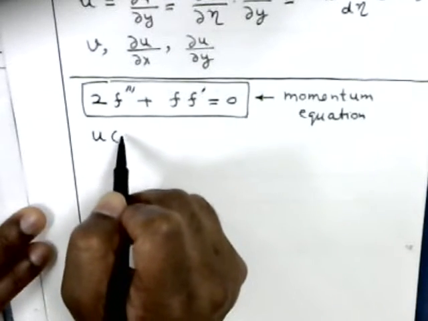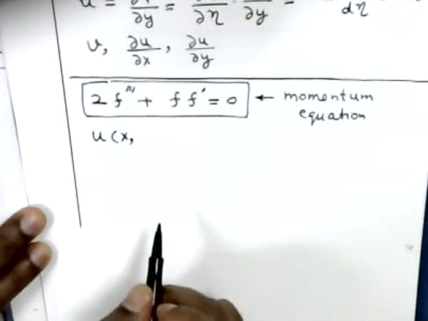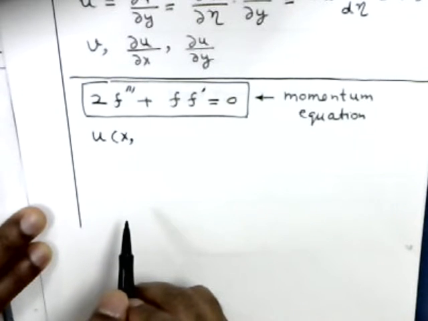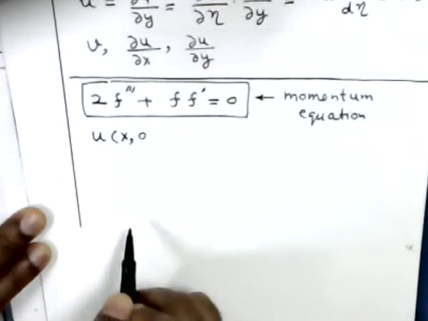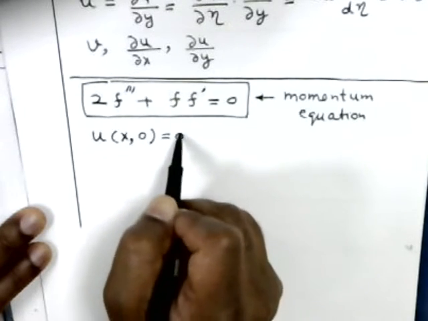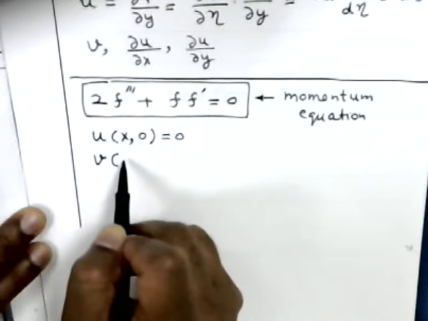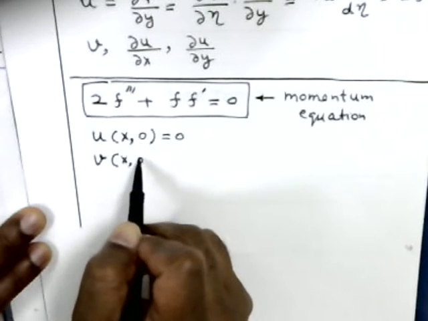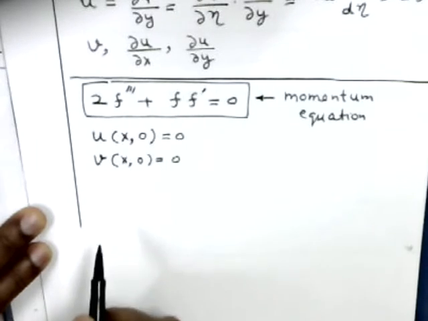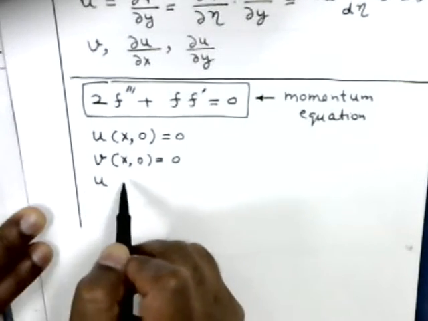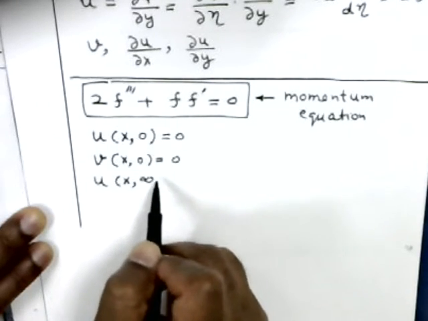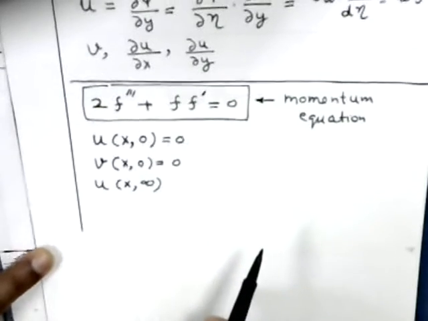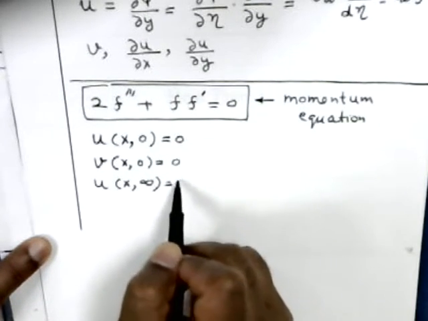You have u at any x when y is 0, that represents the wall, is 0. Similarly, v at any x at the wall is 0, and u at any x when y approaches infinity, outside the boundary layer, will be u infinity.